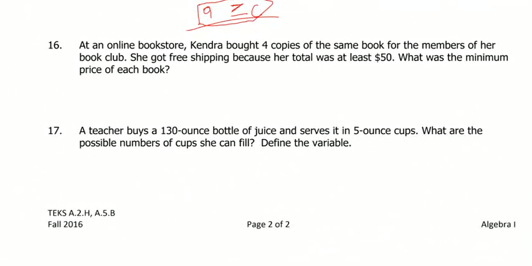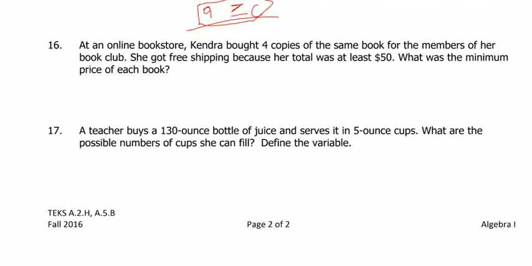Last two questions, okay? At an online bookstore, Kendra bought 4 copies of the same book for the members of her book club. She got free shipping because her total was at least $50. What was the minimum price of each book?